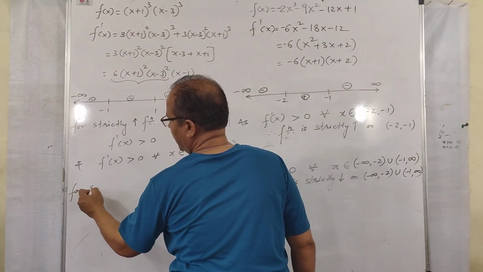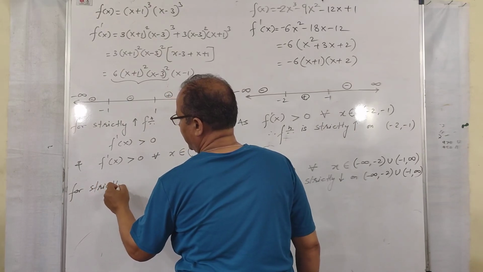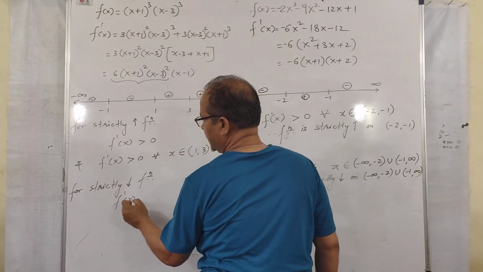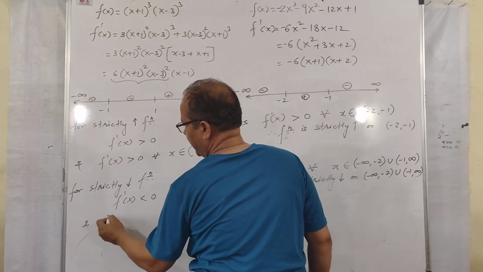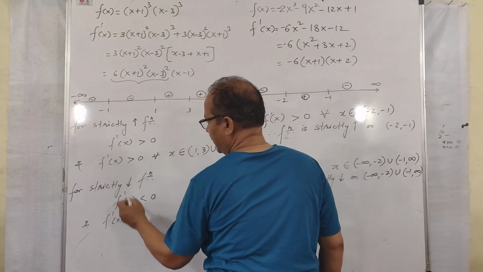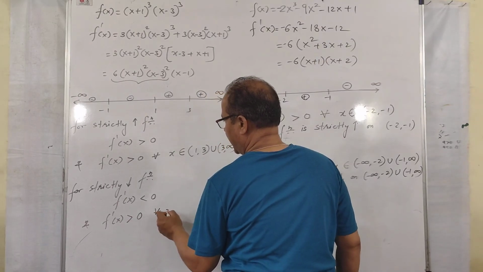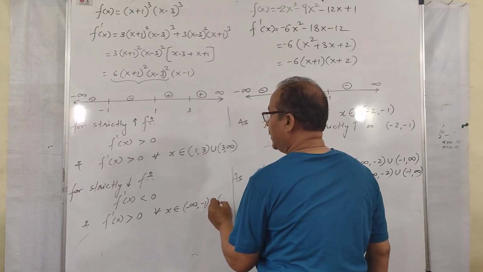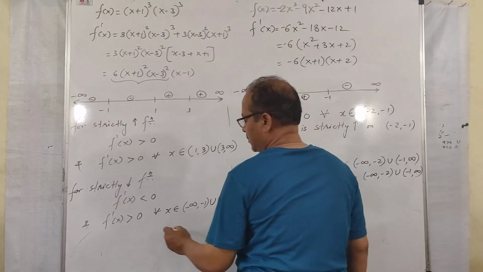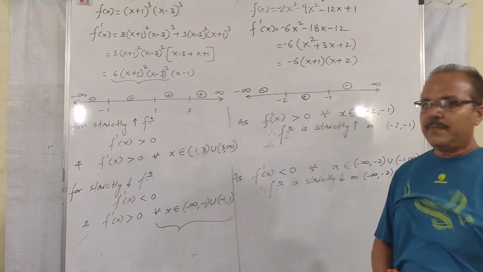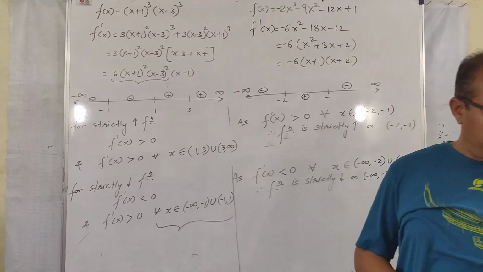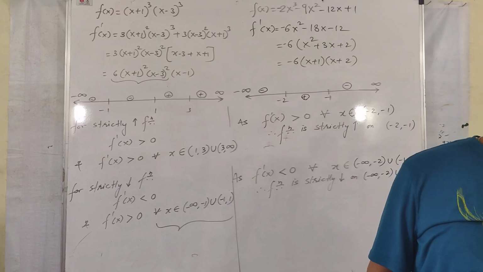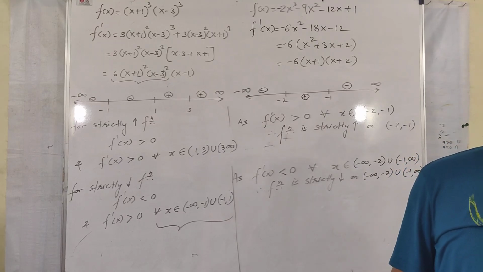For a strictly decreasing function, f'(x) is less than 0, and here f'(x) is less than 0 for all x belongs to -infinity to -1 union -1 to 1. So in this way we will be solving this particular question. A very important question, students. Just go through these because this is the basics of this particular topic.